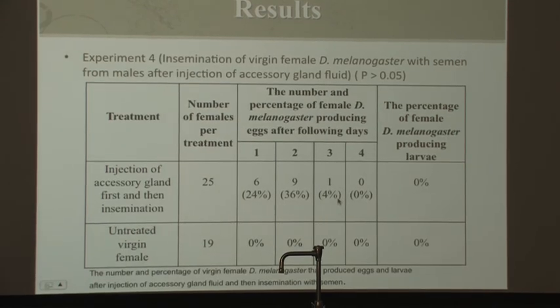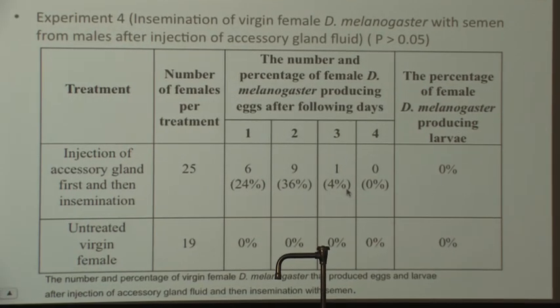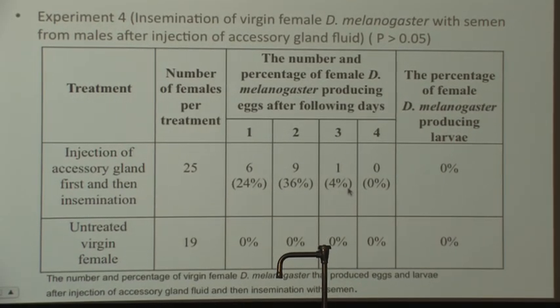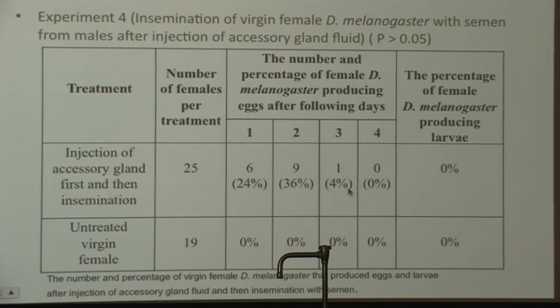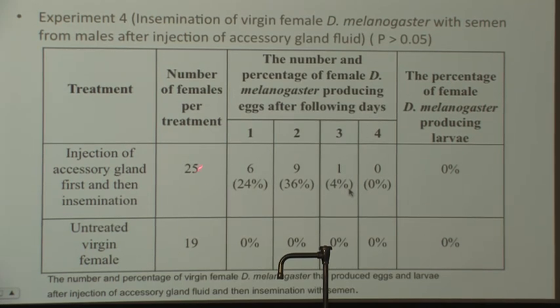In experiment 4, this table shows the number and percentage of virgin females that produce eggs and larvae after injection and then insemination with semen. This time we injected the fluid into the virgin females and then inseminated them with semen from the male.